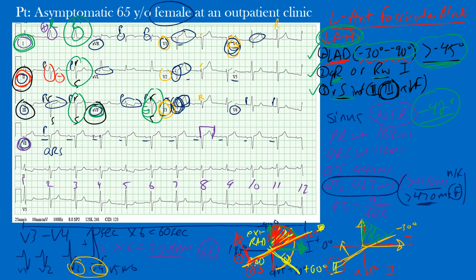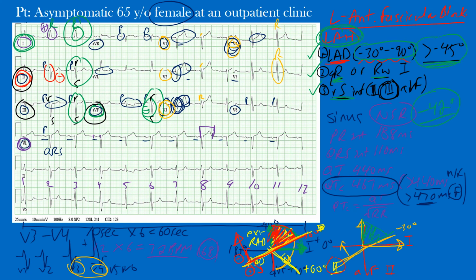V4, R waves progressively bigger, in V5 and so forth. As we go around to the left ventricle, we see larger R waves there. So we have a normal QRS transition between leads V3 and V4, and we have normal R wave progression in those precordial leads, up until lead V5.